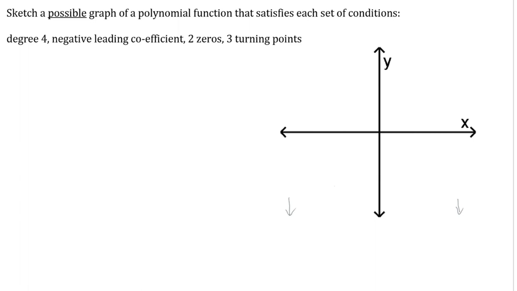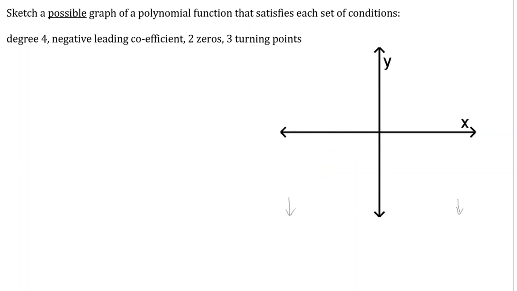So there's a few different ways I could draw this. I could go like this: 3 turning points, 1, 2, 3, and 2 x-intercepts. I could go like this: 2 x-intercepts, 3 turning points. Do you agree? I could get really fancy and go like this.